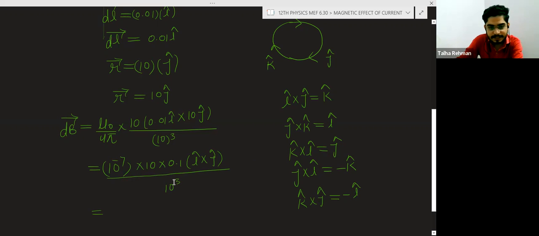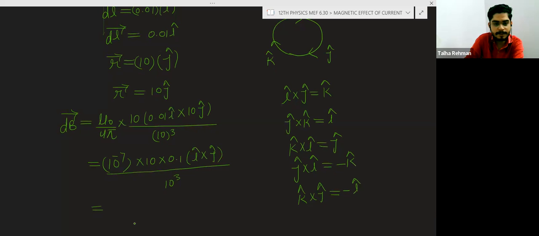When this 10 to the power 3 goes to the numerator, it becomes 10 to the power minus 10, and this 10 and 0.1 will be cancelled out. When we remove the point, it will only remain 1. So you have this i cross j.